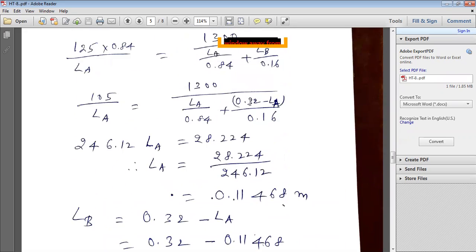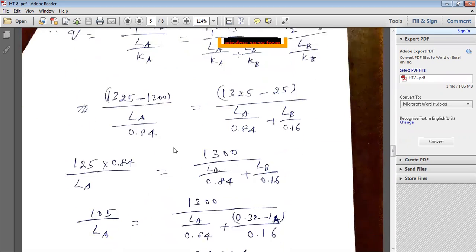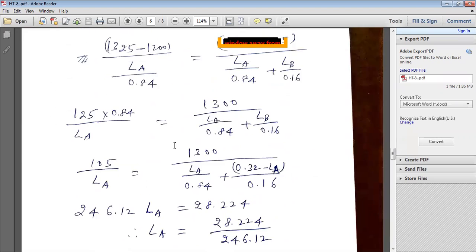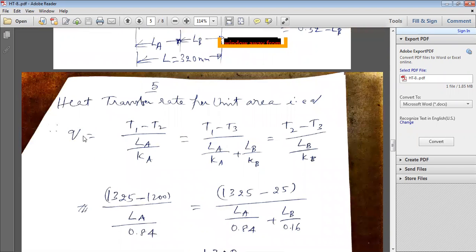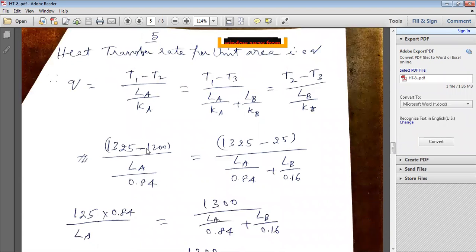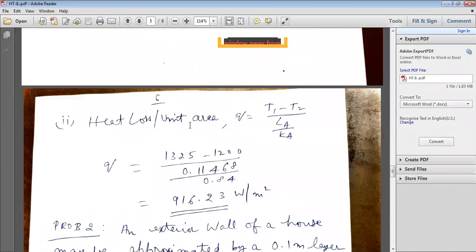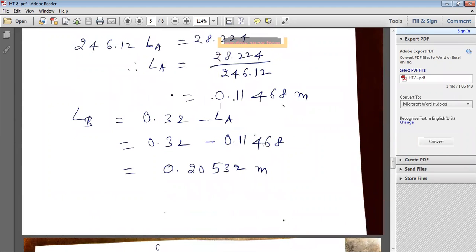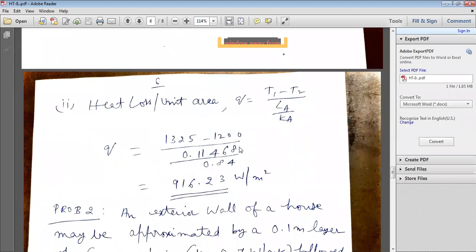You can use any of the three equations. So the heat transfer rate per unit area, small q, is equal to T1 minus T2 divided by LA by KA. So q is equal to T1 1325 minus T2 1200 divided by LA, 0.11468, divided by KA, the thermal conductivity of material A, 0.84.